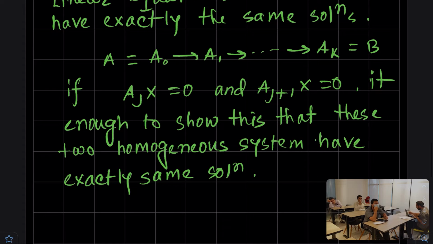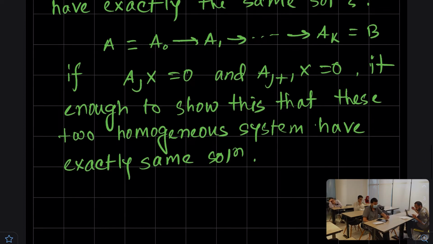So now let us consider the second type of elementary row operation.